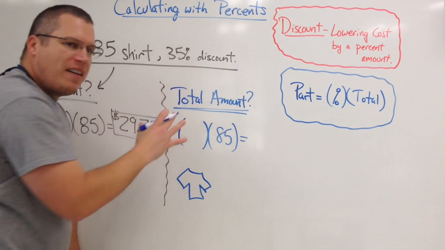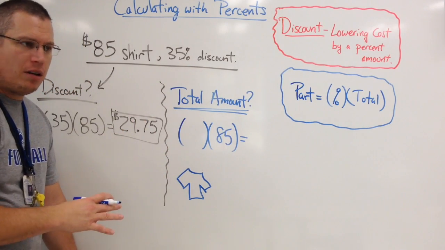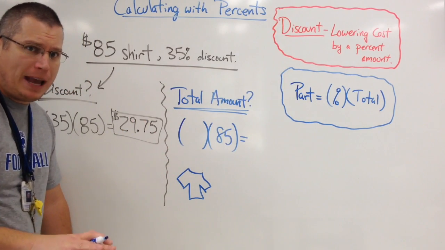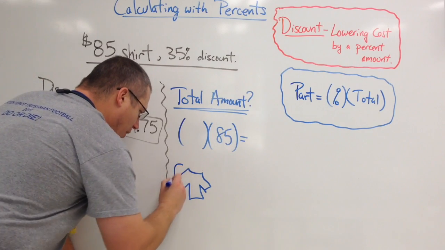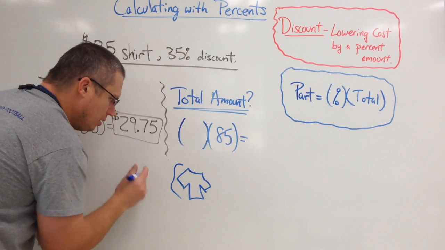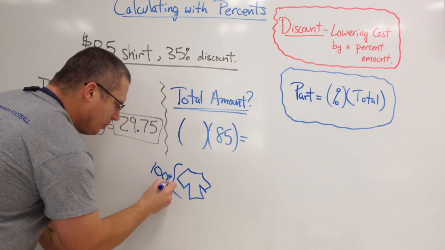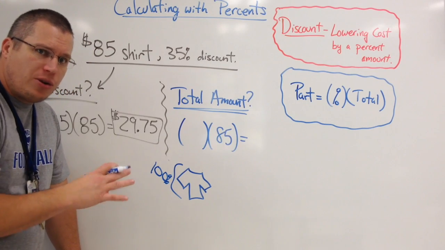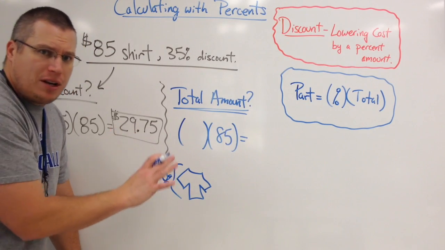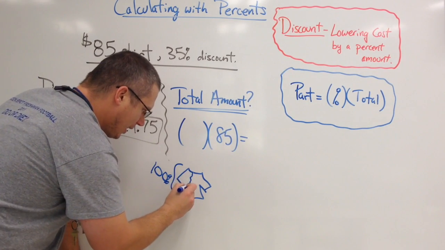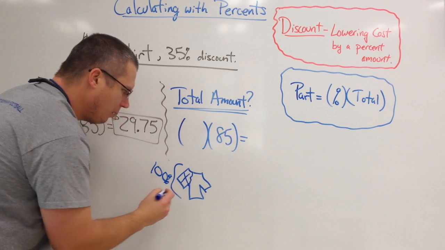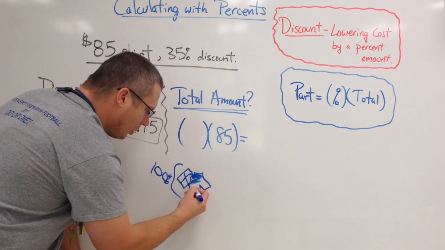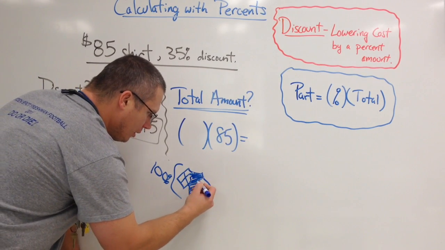If it's 35% that you're discounting, that's 35% you don't have to pay for. So if the whole shirt would count as 100%, and you're not responsible for 35% of it, let's say like this sleeve you don't even have to pay for, what percent of the shirt are you responsible for?